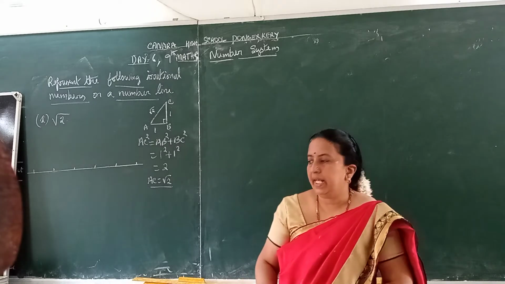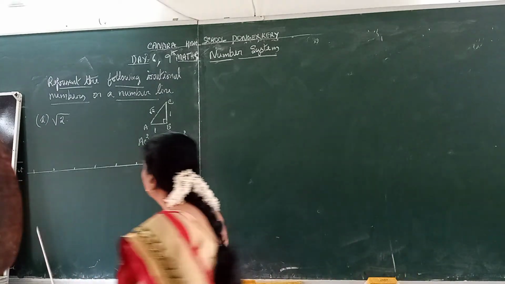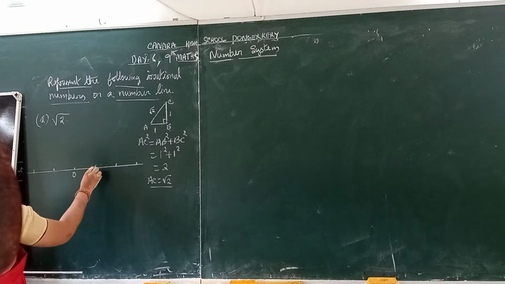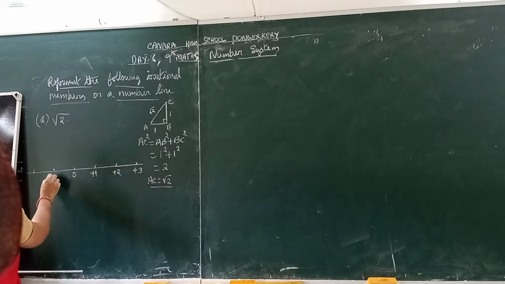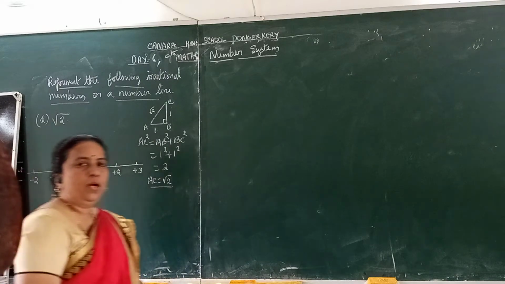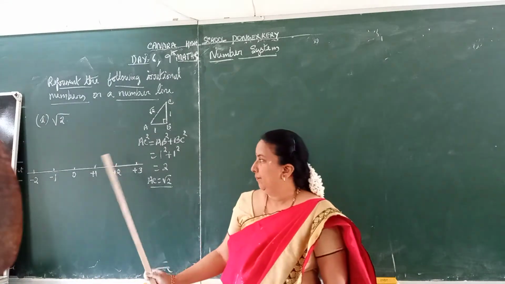If I take a number line: zero, plus 1, plus 2, plus 3, minus 1, minus 2. Suppose I have drawn a number line. Number line you remember, no?